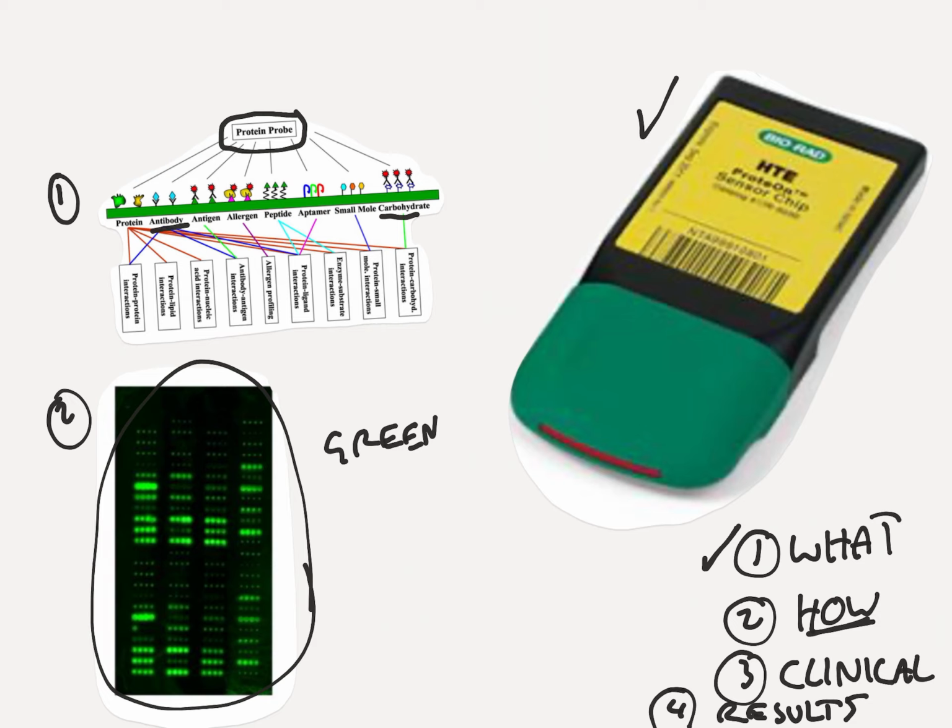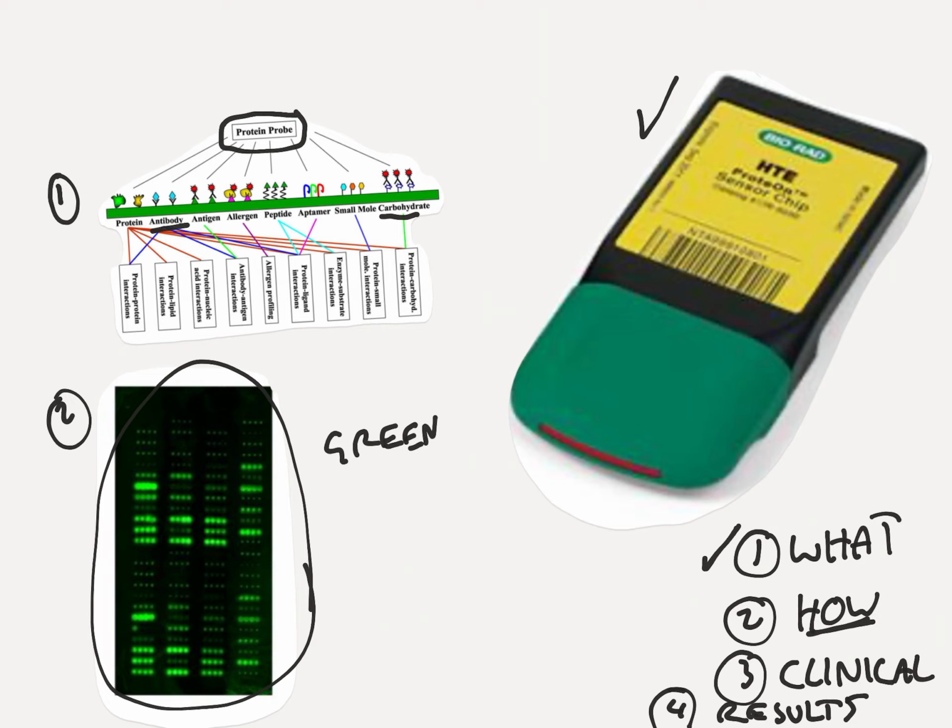But how does it give you that green light? Well, if someone comes in and you're suspecting that they're showing symptoms of being allergic to something specific, you know that they're going to be making antibodies against the substance that they're allergic to. So it would be a good idea to try and detect the presence of these antibodies. Now you can do that by having something called a capturing agent, or something that binds and captures the antibodies.